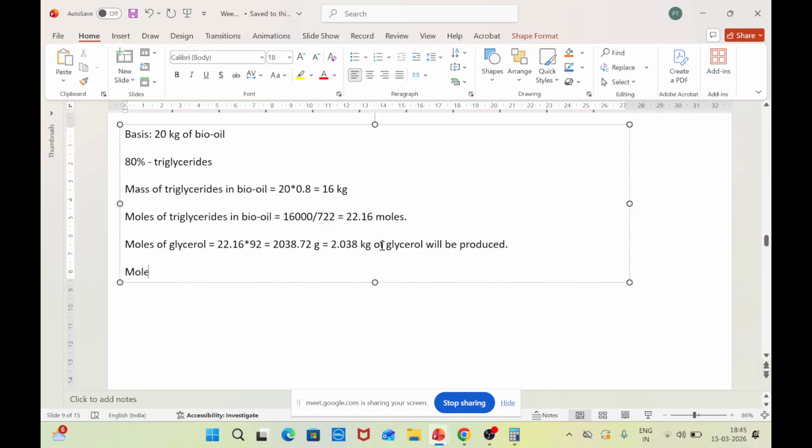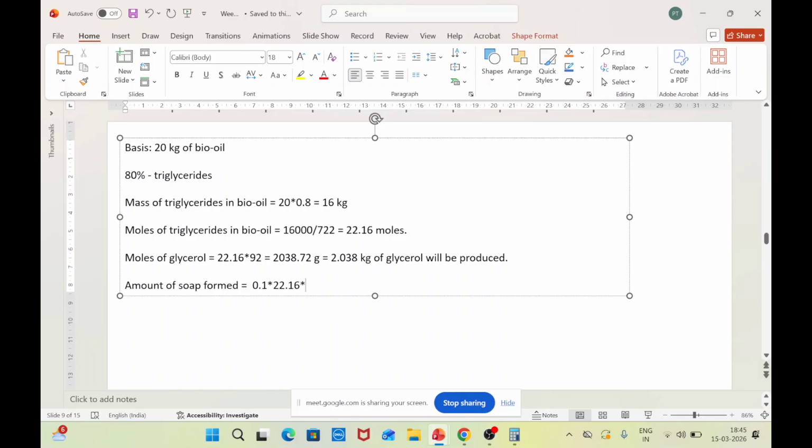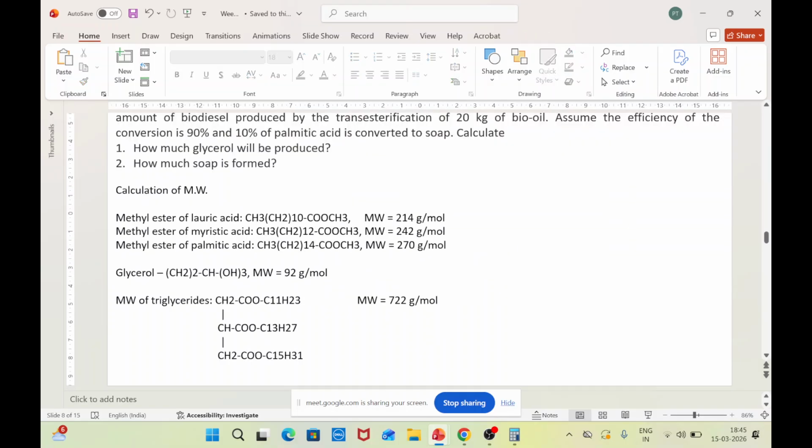So moles of soap, or amount of soap formed, is equal to 0.1, that is 10 percent, of the palmitic acid. So 22.16 times the palmitic acid's weight, that is 270.